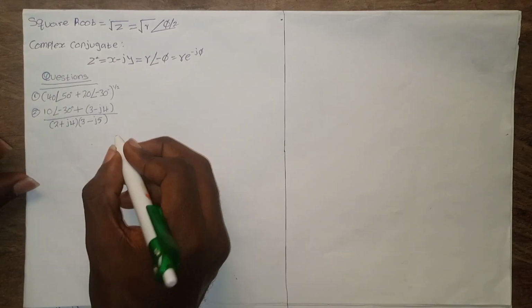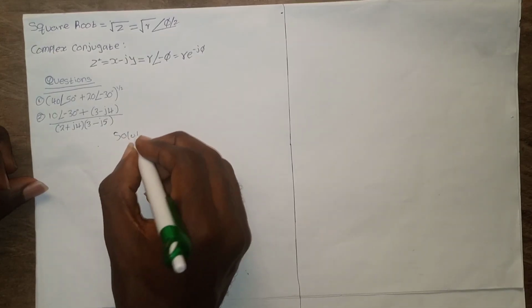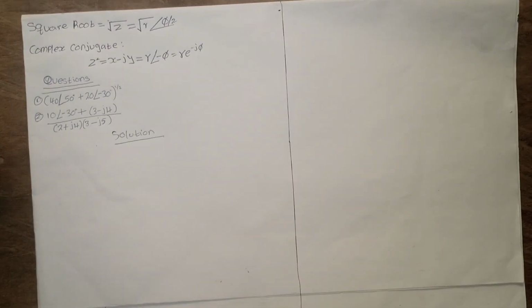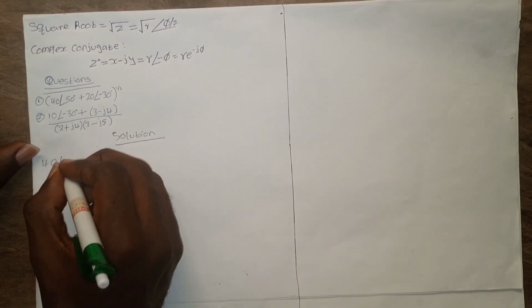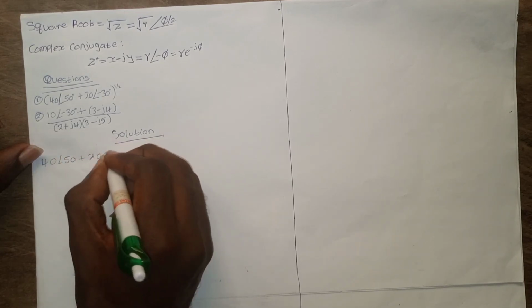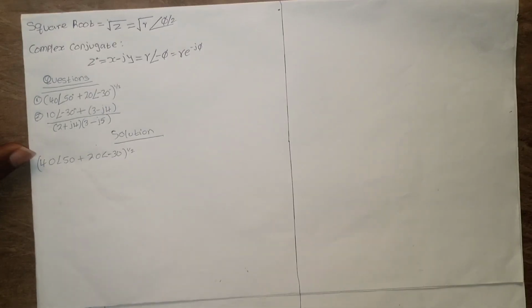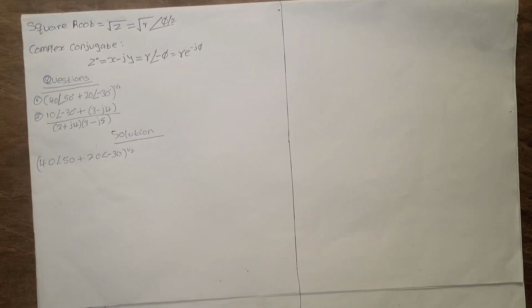So our solution. The question is 40 angle 50 plus 20 angle minus 30, all to the power 1/2. So the first thing we are going to try to do in this question is use the conversion from polar form to rectangular form.